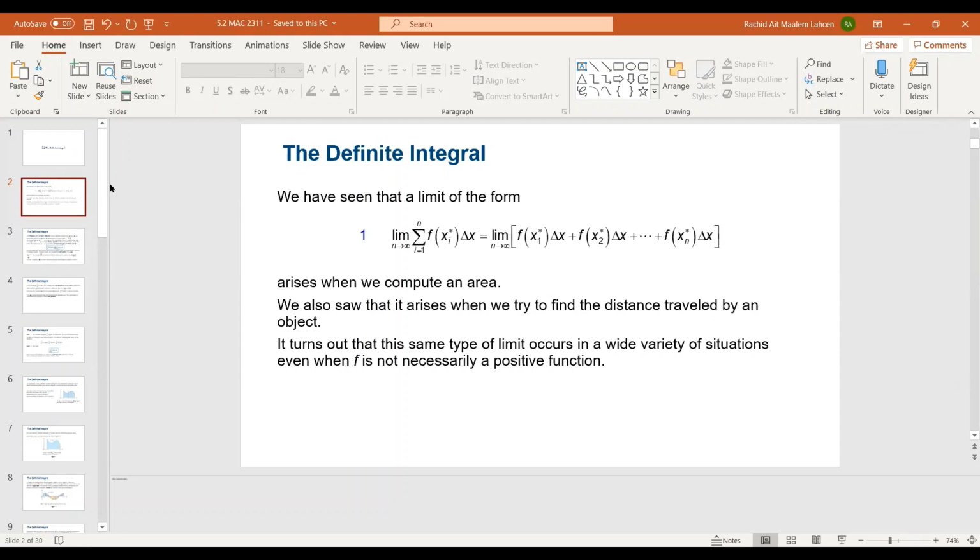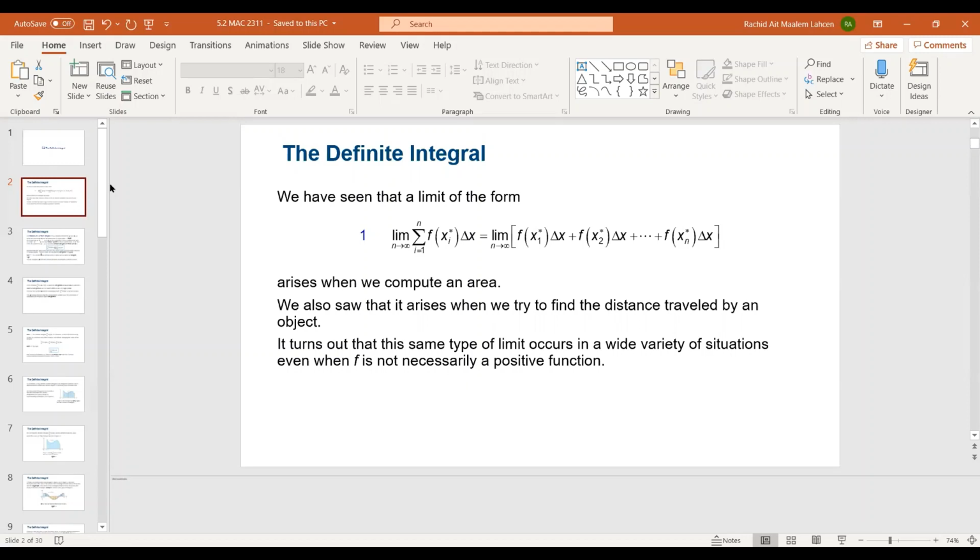We have a limit as n approaches infinity for this summation from this lower limit i equals 1 to n, and this product here that's going to be the sum of f of xi star, which is a sample point, times delta x, which is the width.